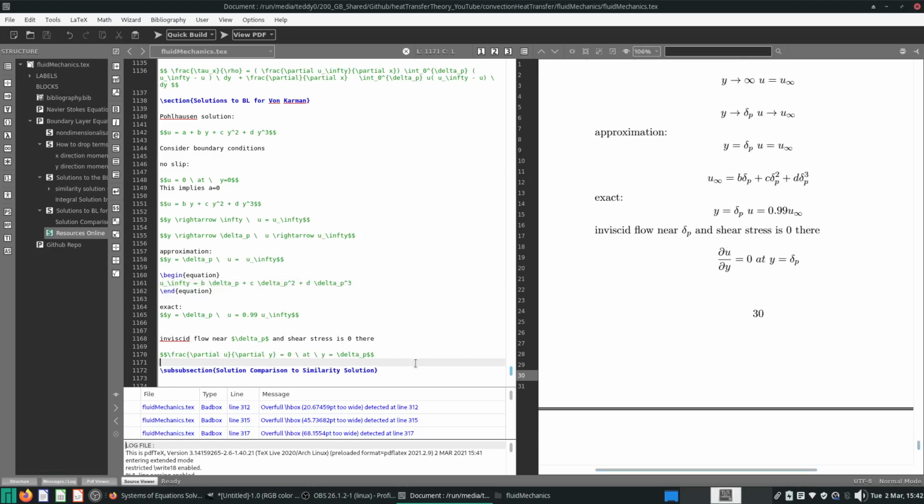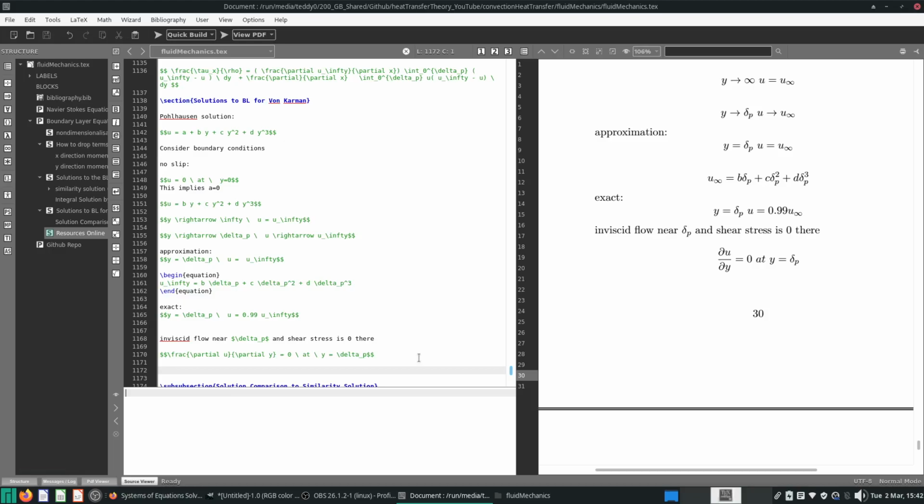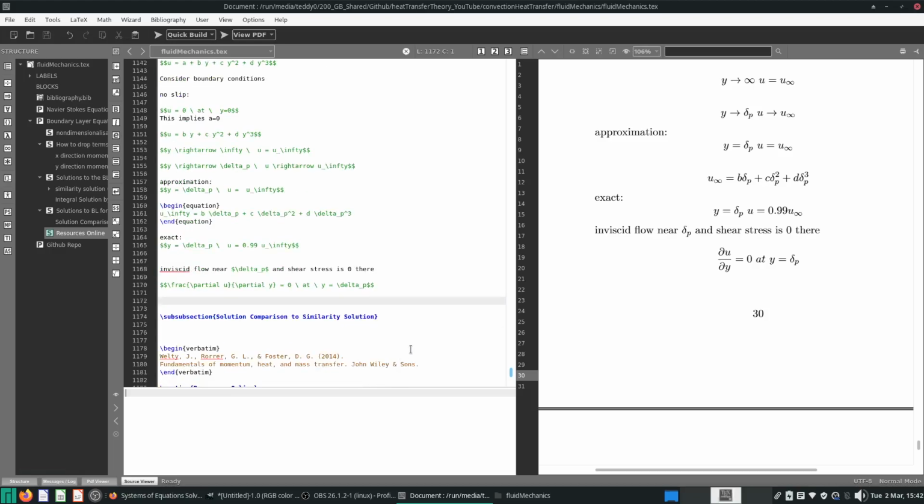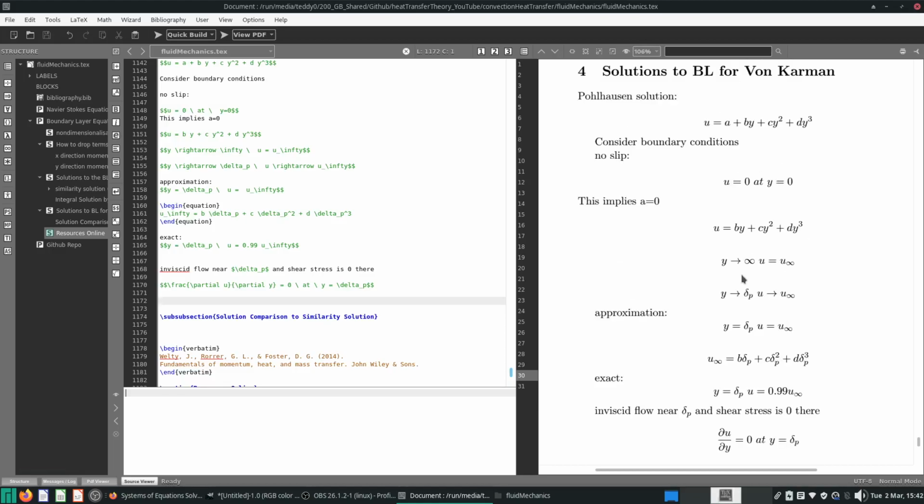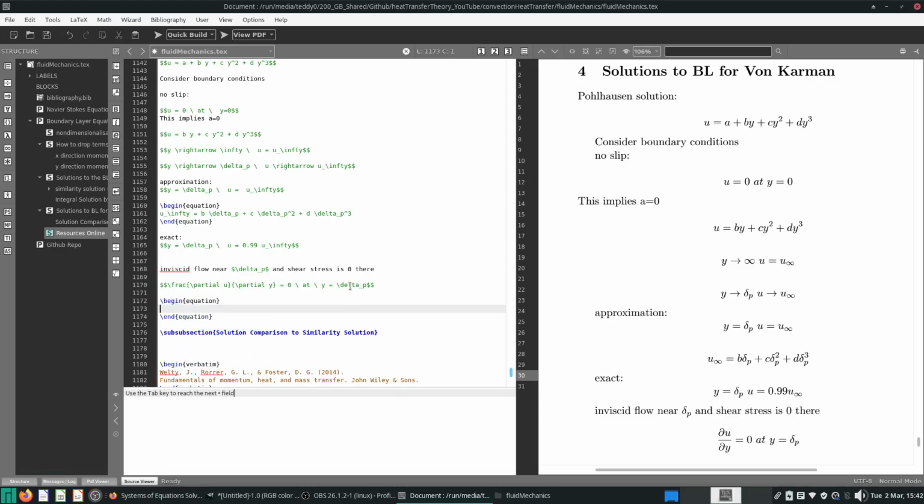So for this inviscid flow assumption, you'll have to differentiate everything here. So let's differentiate: partial u partial y equals b plus 2cy plus 3dy squared.